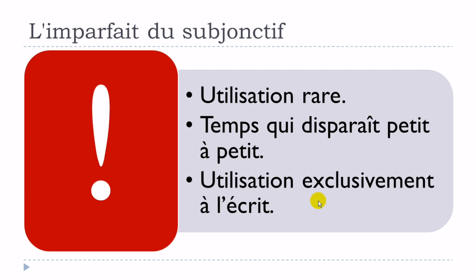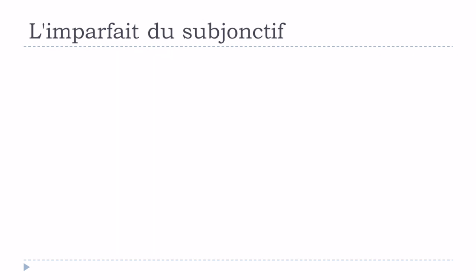Of course, it is quite tricky to say always, but in most of the cases, you will see this imparfait du subjonctif written. Quite few persons are using this imparfait du subjonctif orally, okay? But then, well, it's possible, everything is possible, but in most of the cases, it will be written, okay? So it is rare, it tends to disappear, and it's mostly written, okay?